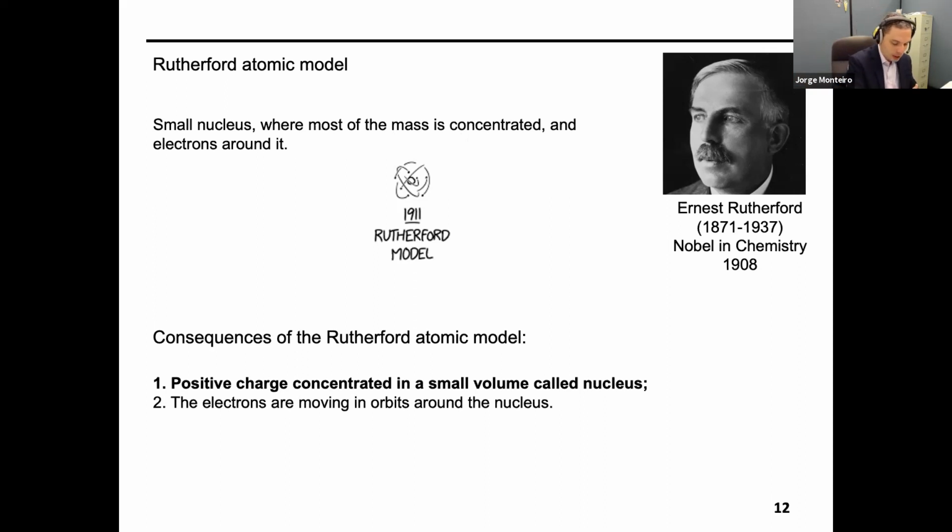Okay, so now the biggest change from Thomson to Rutherford is that the nucleus is small, very dense, and most of the mass of the atom is in the nucleus.